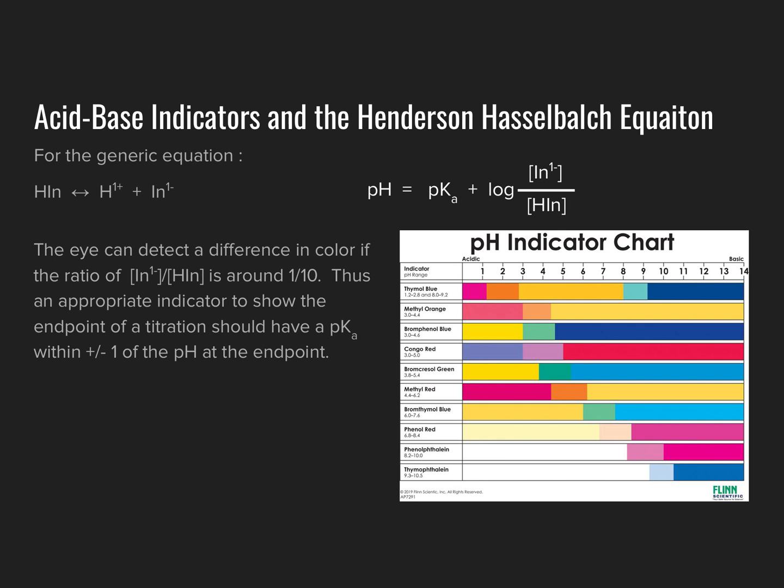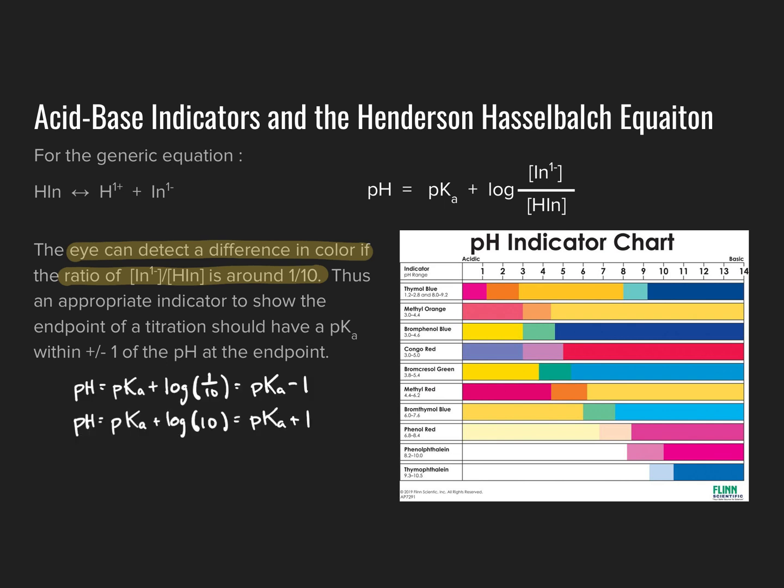Now, as it turns out, for most people, the human eye is able to detect a difference in color if the ratio of the concentrations of the indicator anion, that is In negative, versus the molecular indicator HIn, is a difference of concentration of around 10 to 1, or 1 to 10 either direction. Because the pH scale, again, is a logarithmic scale, what that really implies then is that you can detect a difference in the color of a solution generally as the pH of that solution changes by about 1 pH unit.